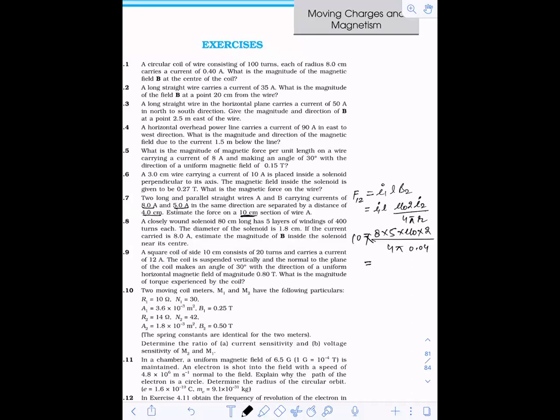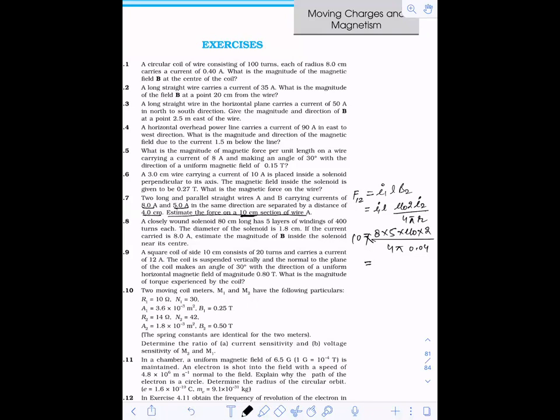Now, if they would have asked me to calculate the force per unit length, what would you have calculated? Suppose instead of estimating the force on 10 centimeter of wire, they would have asked what's the force per unit length.